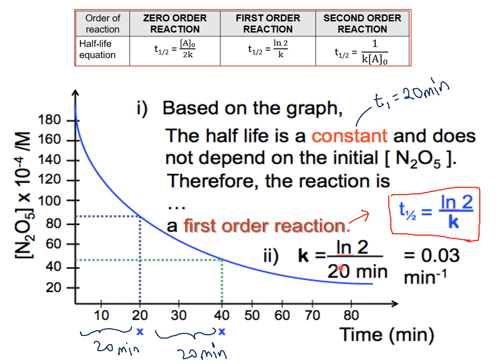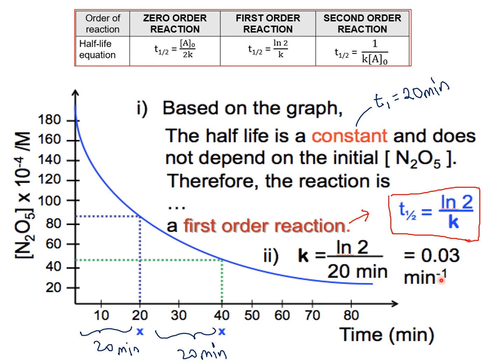So, it's going to be K is equals to natural log 2 bahagikan dengan half-life. Half-life dia kita dapat berapa tadi? 20 minit. So, since that you punya unit time you in minute, so your rate constant is going to be 0.03 per minute. Okay, tak perlu ubah unit dia in second. It's already perfect like this.